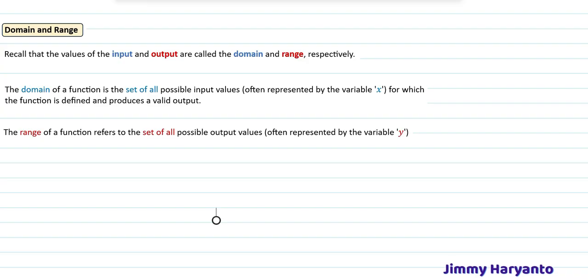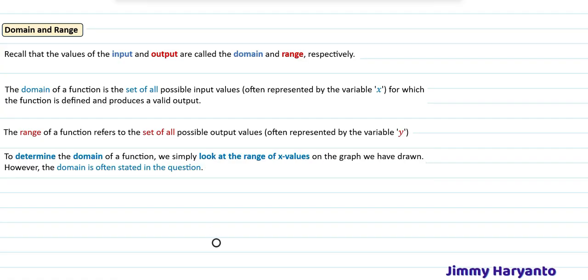And then the range of a function refers to the set of all possible output values, often represented by the variable y. So the range is the possible values of y. To determine the domain of a function, we simply look at the range of the x values on the graph we have drawn. However, the domain is often stated in the questions.